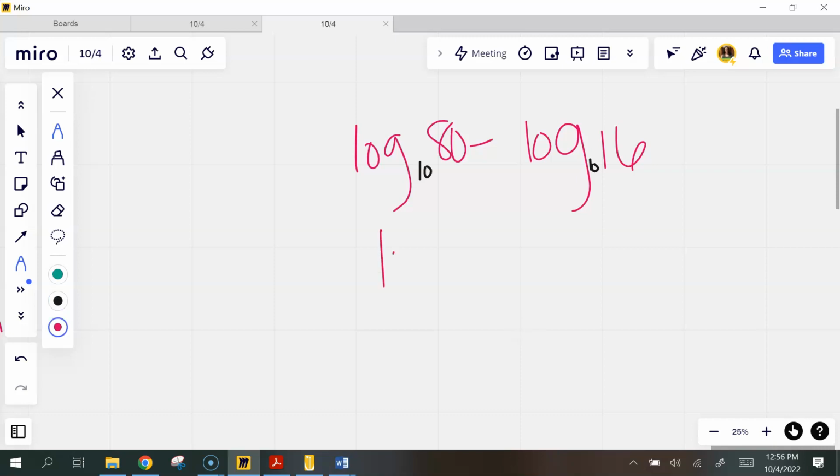So I do log of 80 divided by 16. Now you can divide them both by 8. Even bigger. Right? How can I simplify 80 over 16? It's just 5, Robert. It's just 5.